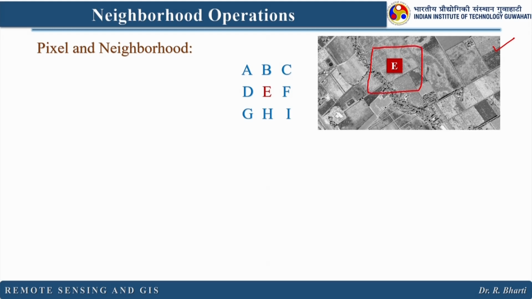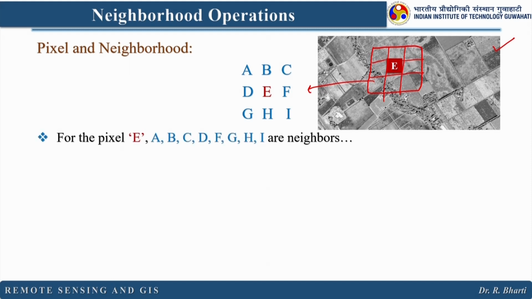Window means this is the extracted value of this particular area. Here you will have this kind of thing, and this is represented here, and the center pixel is E. Now we have to run this neighborhood operation on the pixel E. Let us understand how we can do this.